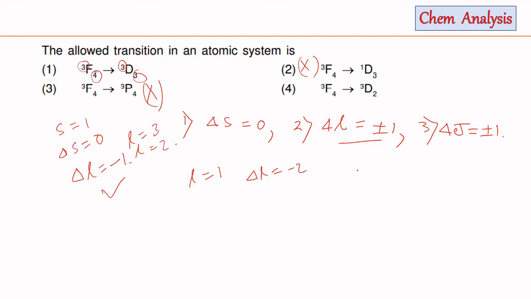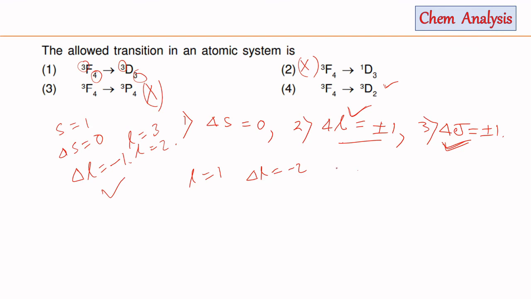For the fourth case, since the transition is also occurring between F and D, it will satisfy this condition, that is delta L is equal to plus minus 1, so it can also be allowed. And there is another condition, that is delta J should be plus minus 1.